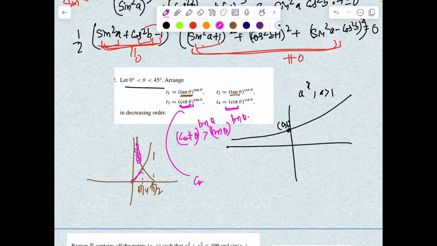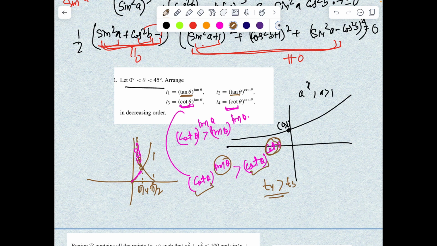That's easy to compare, because when the base is the same, if the power is stronger, the overall expression will be stronger, because cot theta is more than 1. So if the base is more than 1, the more powerful the head, the more powerful the expression. So cot theta is stronger. So I can clearly see T4 will be greater than T3 because cot theta is more than tan theta.